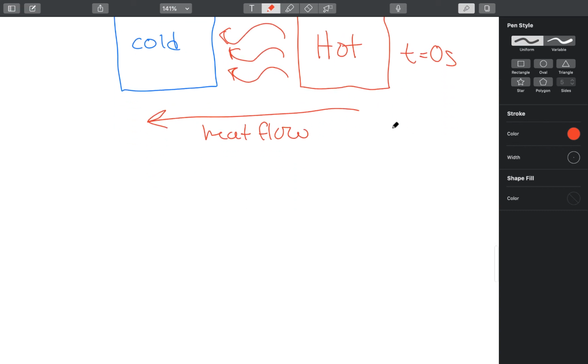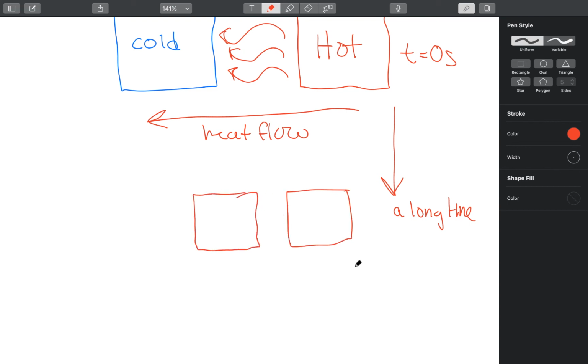However, let's assume after quite a bit of time, so after a long time, you'll notice that the two objects are the same temperature. So now they are the same temperature.